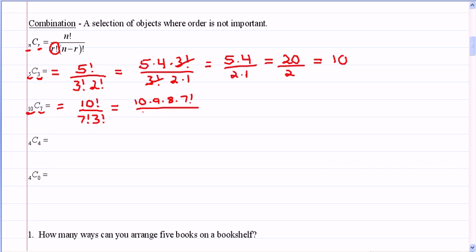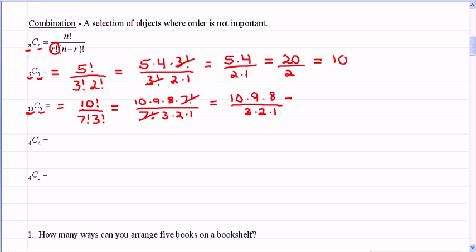So I leave the 7 as 7 factorial, but expand the smaller one so that the 7 factorials cancel, and I have 10 times 9 times 8 over 3 times 2 times 1.